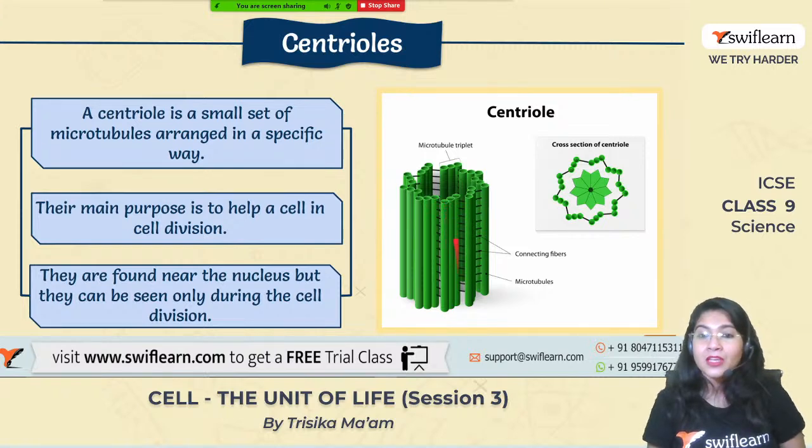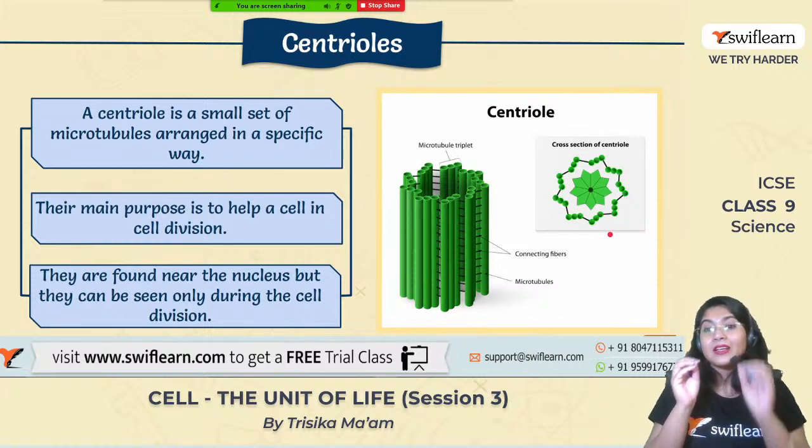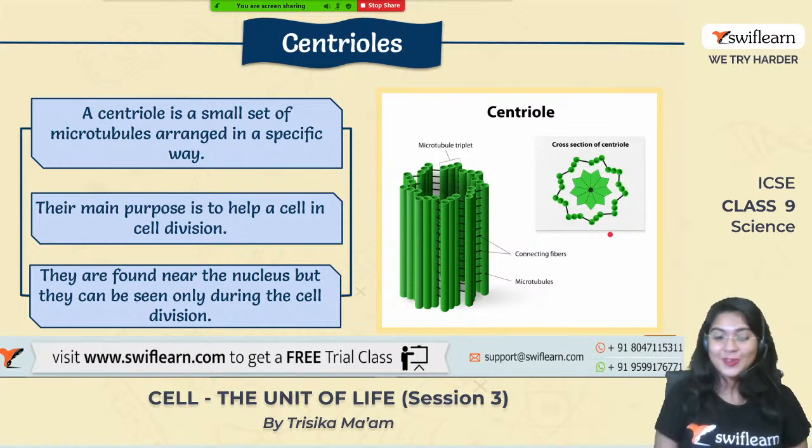Can you see what is the specific way? These are the microtubules which are arranged in triplets. So three microtubules are arranged in a proper way, and you can see that a total of 9 rows of microtubules are present. So if this is the side view, and if you see the cross section view of the centriole, you will find that these triplets of the microtubules are arranged in a certain pattern that gives a beautiful shape to the centriole, right?